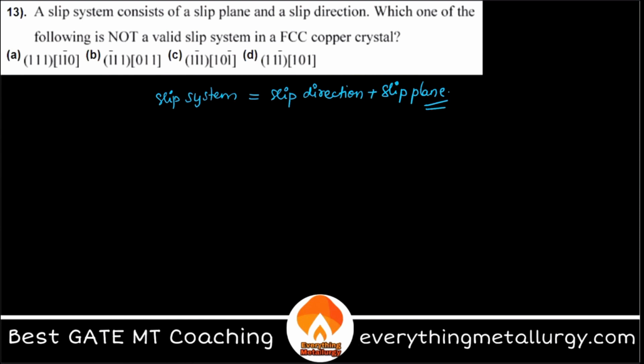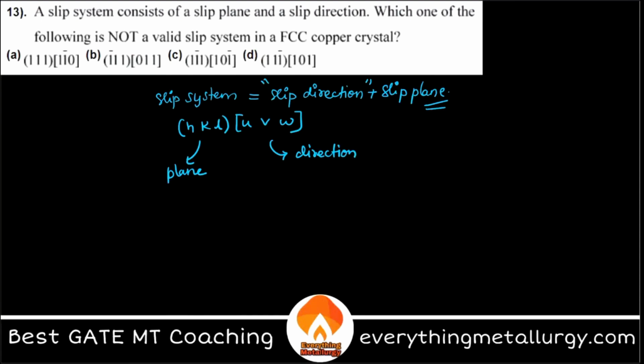Slip planes are the planes on which you see slip taking place, and the direction in which slip is taking place explains the slip direction. These are indicated in terms of hkl and uvw, right? So this is my slip plane and this is the direction of the slip.